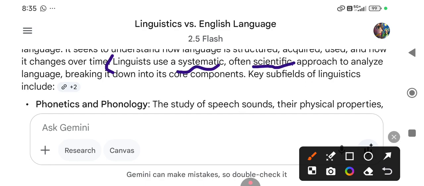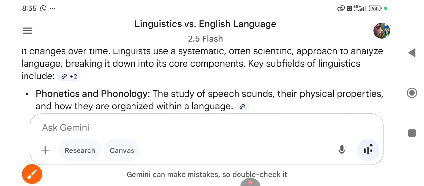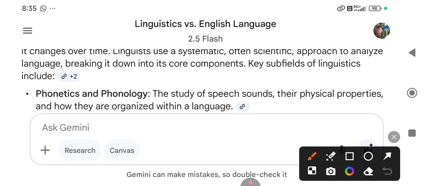In this approach to analyze language, we have seen IC analysis: how different positions of the words, and how words are related with one another. So that is linguistics, and in linguistics, the language is broken down into its core components, right?